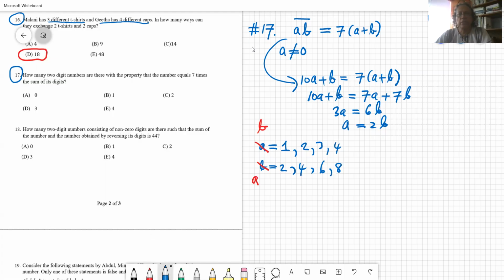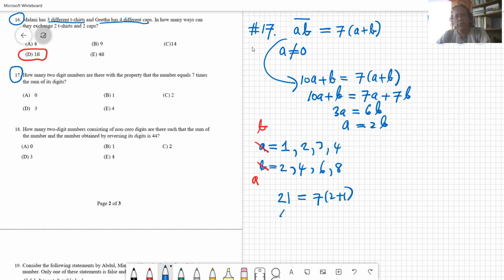So we have 4 possibilities, right? That means there are 4 two-digit numbers with the property that the number equals 7 times the sum of its digits. You can check. So we have 21, and this is of course 7 times 2 plus 1, right?